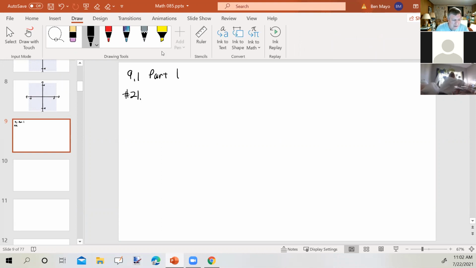It says find the domain of the function, and the function is h of x equals the square root of 63 minus 9x. Okay, so we are to find the domain of this function.